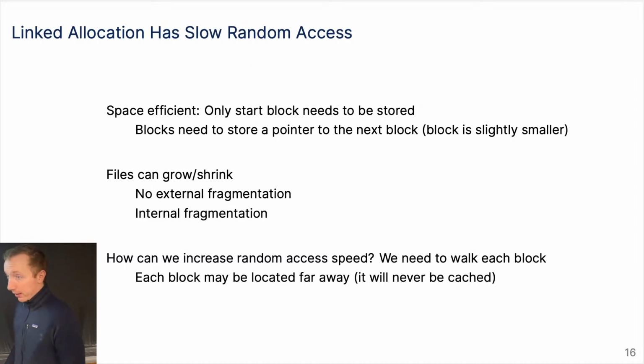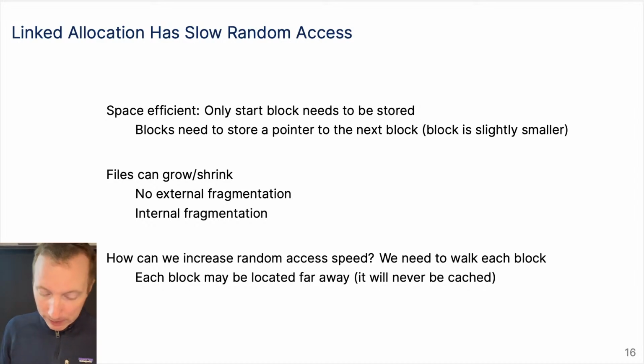So it's a bit better. So we got rid of our external fragmentation using that and kind of recycled the idea we got from the Linux kernel. It's really space efficient because for every file, all you need to store is the first block, and then you can figure out what the rest of the blocks are from them.